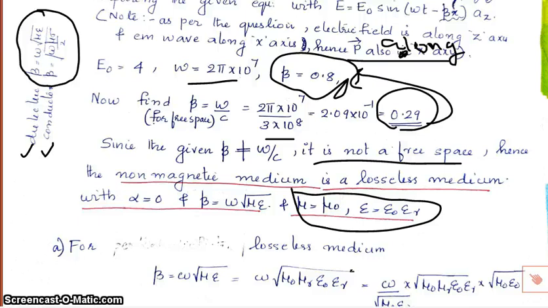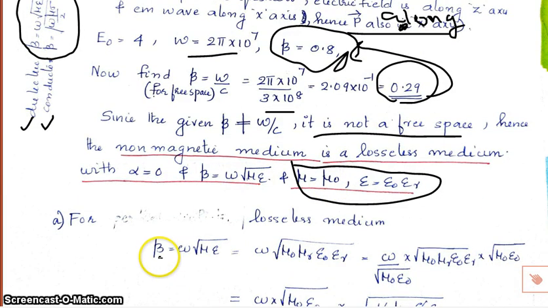Now for a lossless medium, you know what beta is. Beta is equal to omega into square root of mu epsilon. I can write mu as mu 0 mu r and epsilon as epsilon 0 epsilon r. Next, I multiply the numerator and denominator by square root of mu 0 epsilon 0.